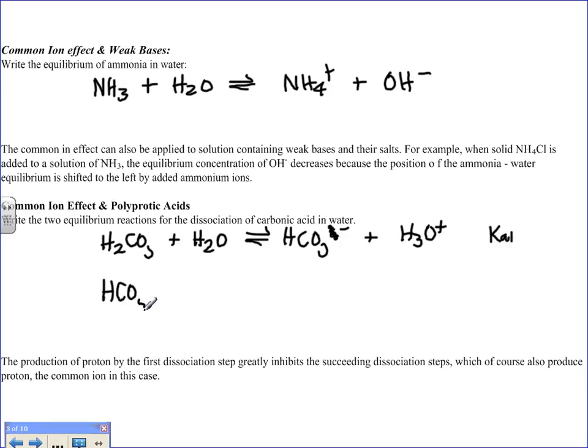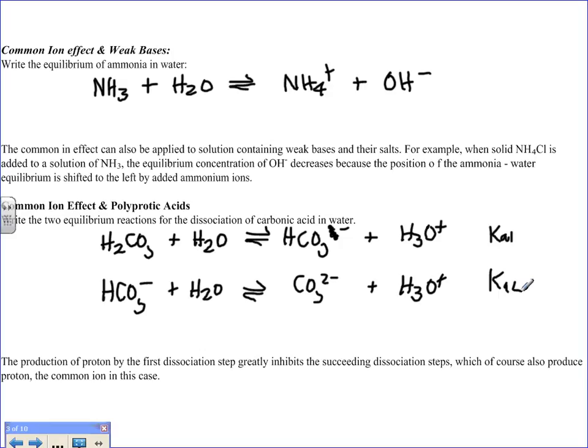Now if we look at the loss of the second proton, we're starting with the HCO3-, and if we put that in water, it's going to produce CO3 2- and H3O+. Okay, and we'll have its own equilibrium constant, Ka2.